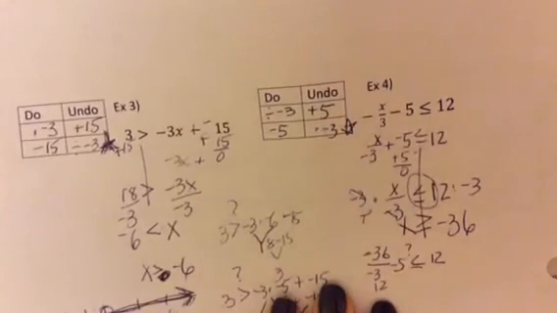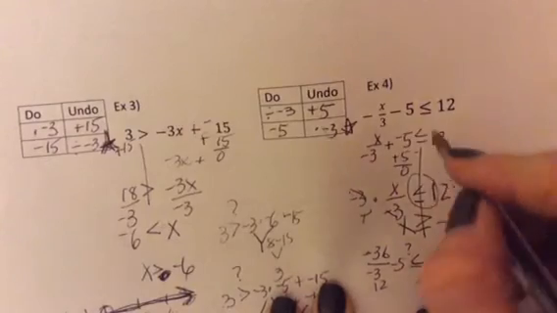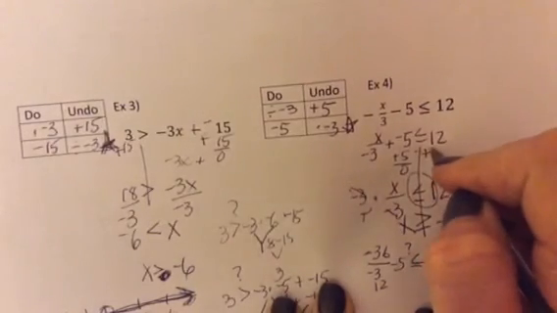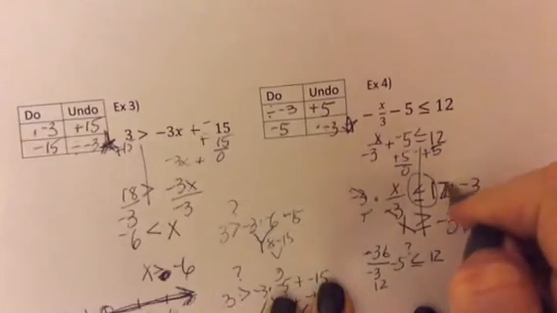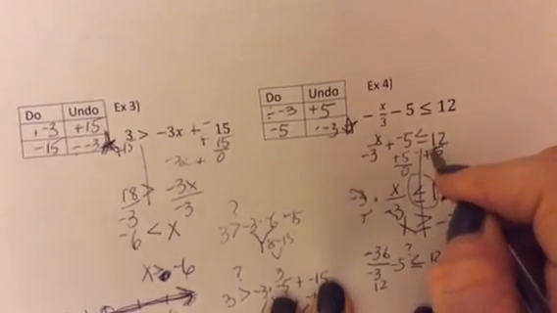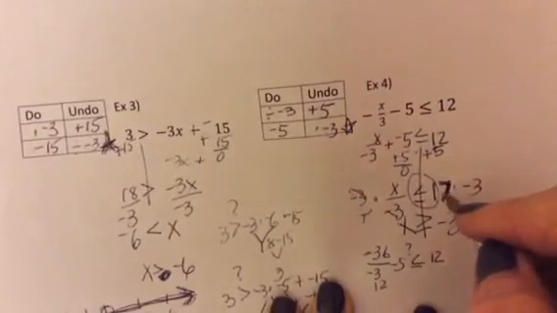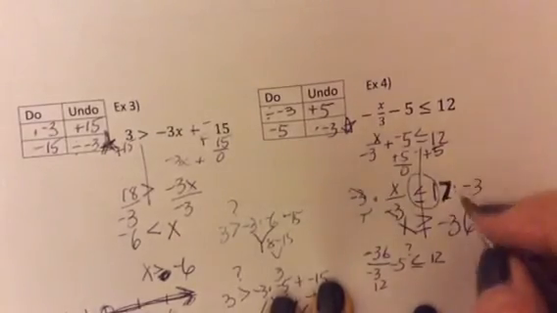Wait a minute. I never did. Let me see here. So I add 5. I never added 5 to the side. No wonder. See, that's the beauty of checking. So this should be 17 here, because I forgot to add 5 to this side. I got so engrossed in making sure I flipped the symbol.